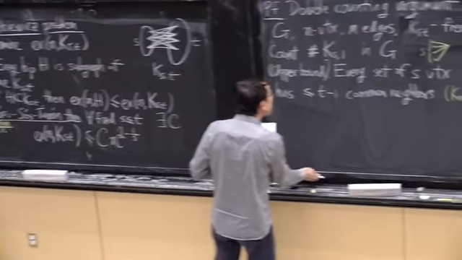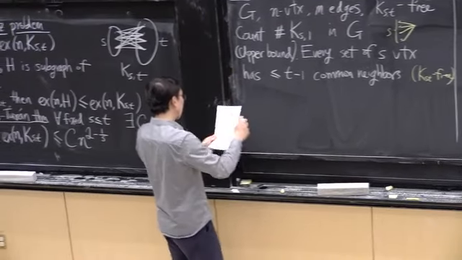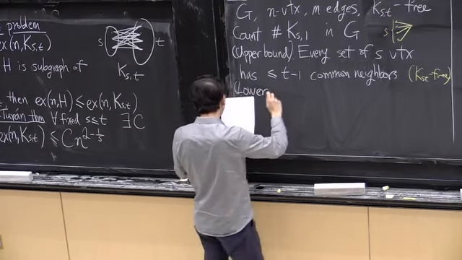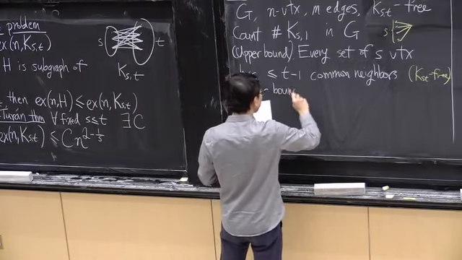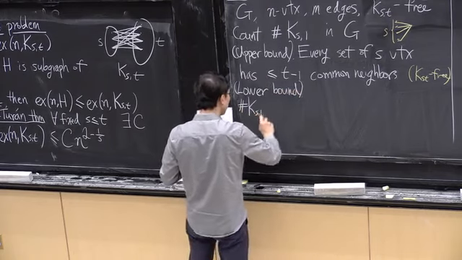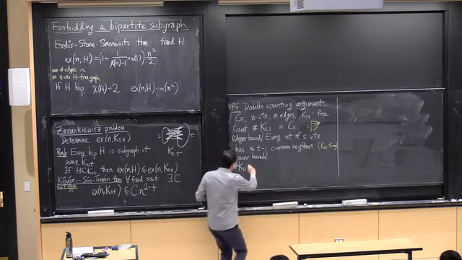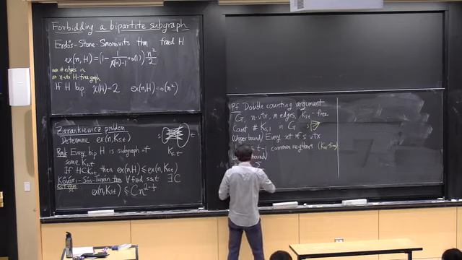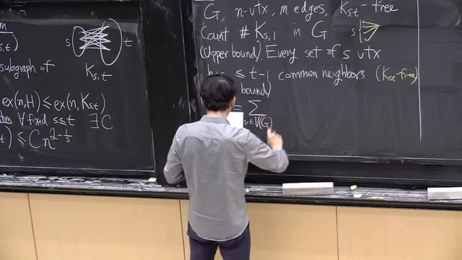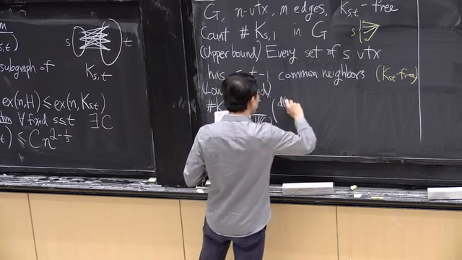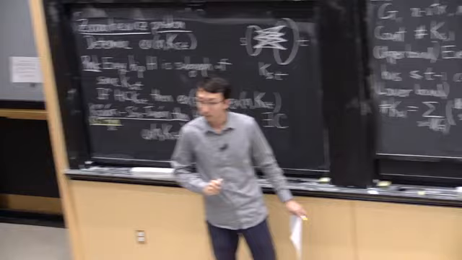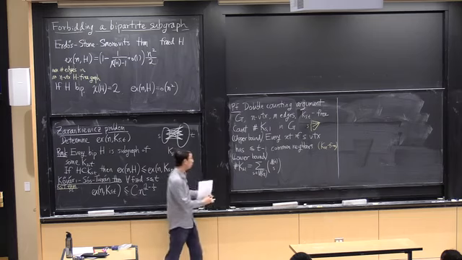On the other hand, let's see what happens to the number of common neighbors if you knew that this graph has a lot of edges. So the number of stars, well, I can calculate this quantity explicitly by running over all the vertices of G. For each vertex, look at its neighborhood and choose s vertices from its neighborhood.